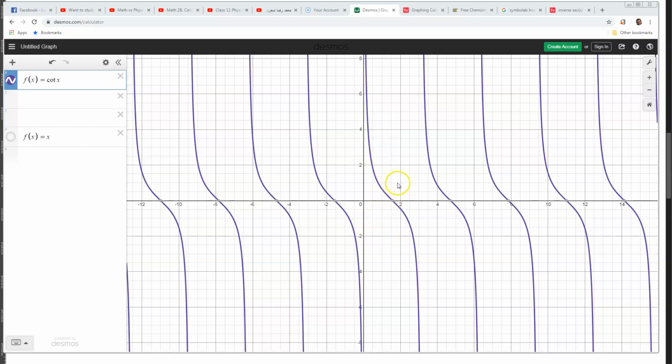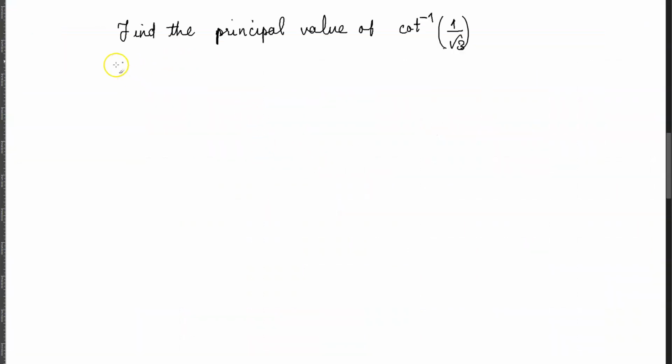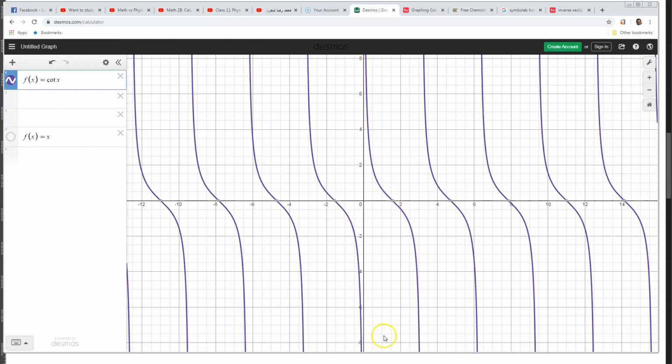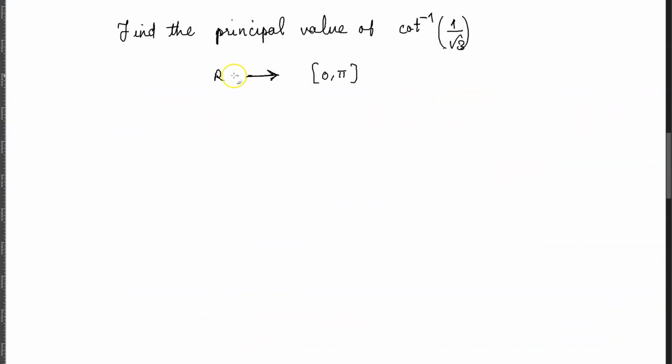Now, to find the inverse of the function, since I have restricted the domain to 0 to pi, then the range becomes 0 to pi. And the domain becomes R, so R to 0 to pi. I'm saying R because you can see that the range of this function is R. Therefore the domain of this function becomes R, and this is the cot inverse function, right?